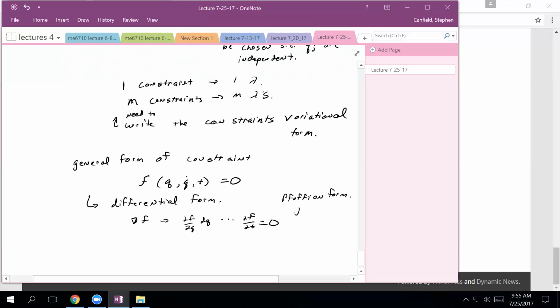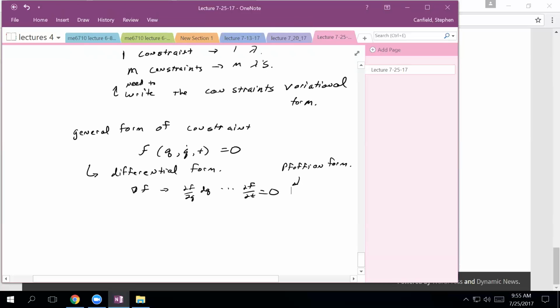It seems like a common term some people have. Once you're done with this, then you go to the variational form, which is the one we want. The variational form is like the differential form. Your differential q's become your variations in q's, and your differential in time goes to 0 by definition of the variational form.